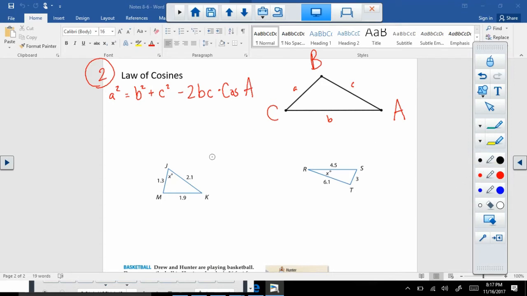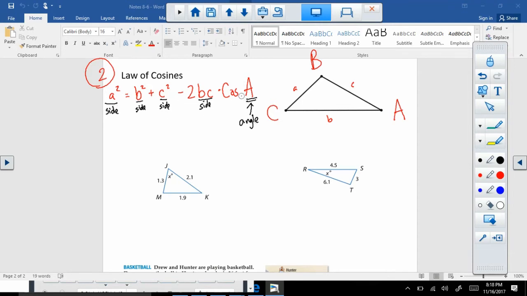And I want you to write that out, but then I want you to write this next to it. I want you to write that this is a side. These are both sides. And this is an angle.